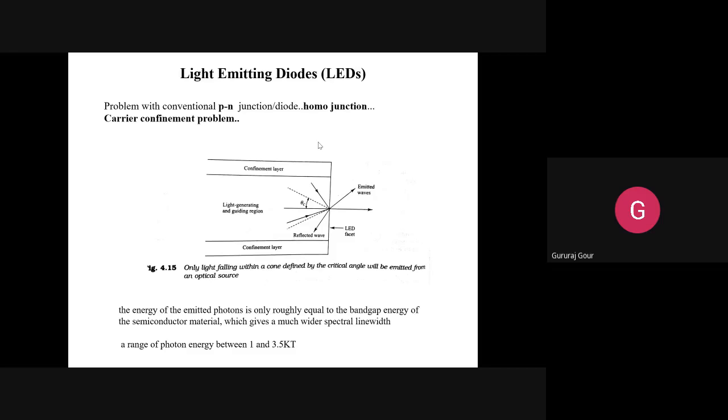So that's why you can see the range. It has been quoted here. So this one is in the range from 1 to 1.3 kT, k the Boltzmann constant, T the absolute temperature.